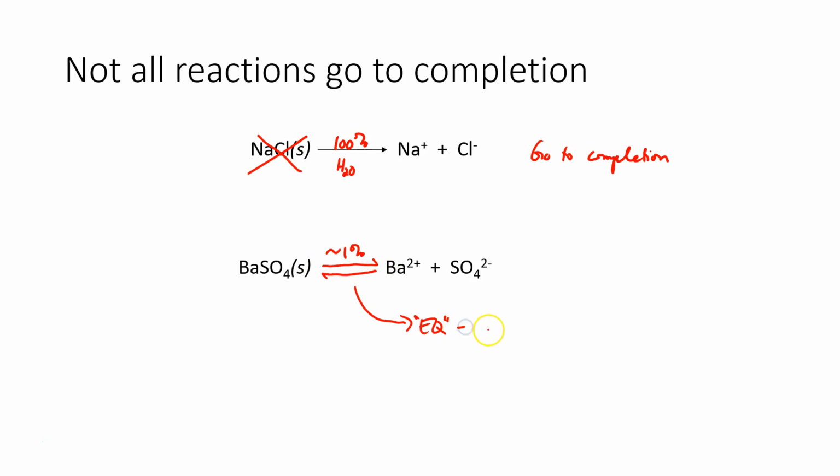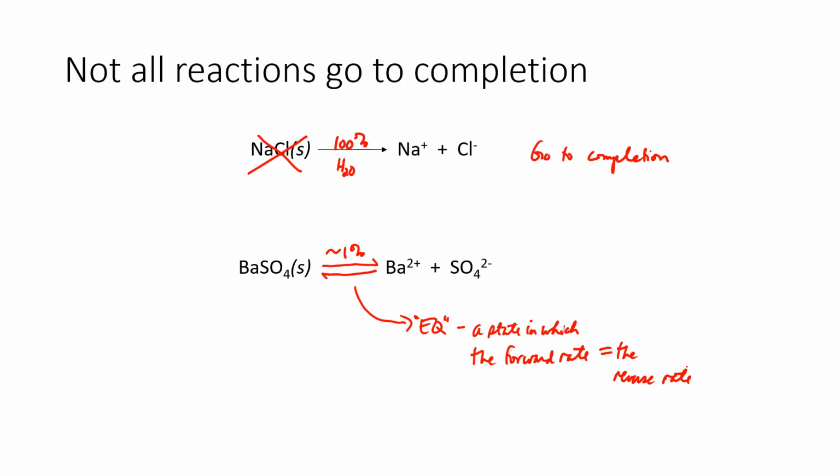represents. Equilibrium is a state in which the forward rate equals the reverse rate. Now what do I mean by the forward rate? I'm talking about the rate of this reaction that you see here, the dissociation of barium sulfate into barium and sulfate.